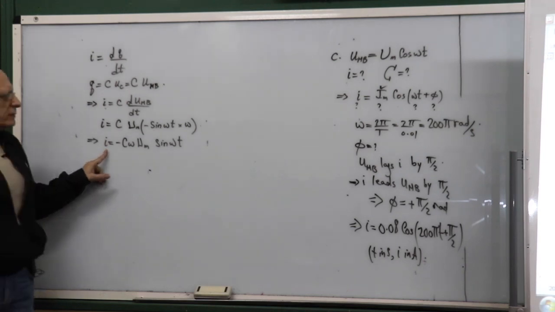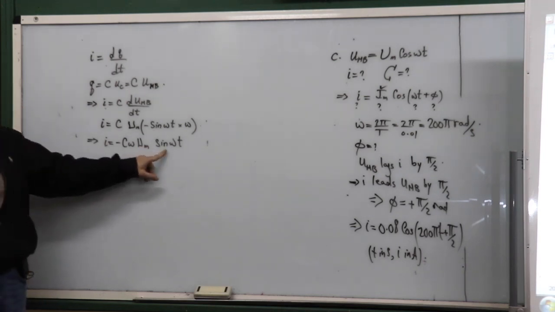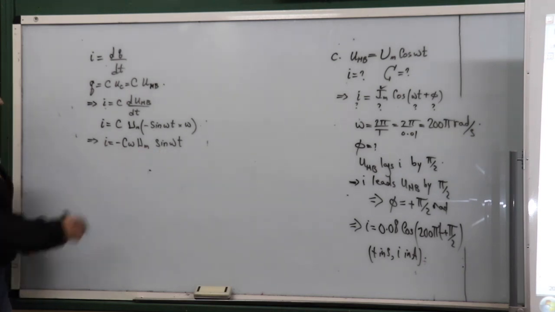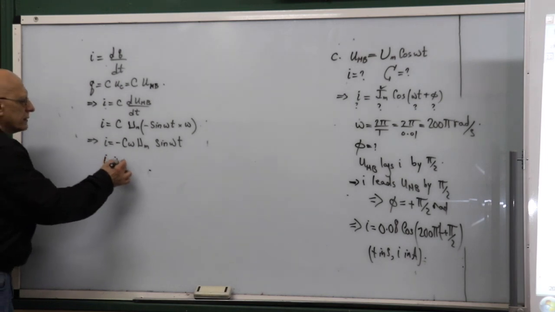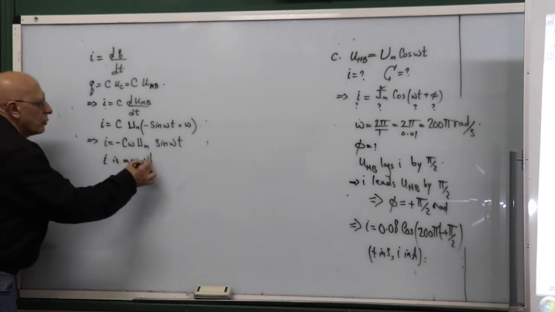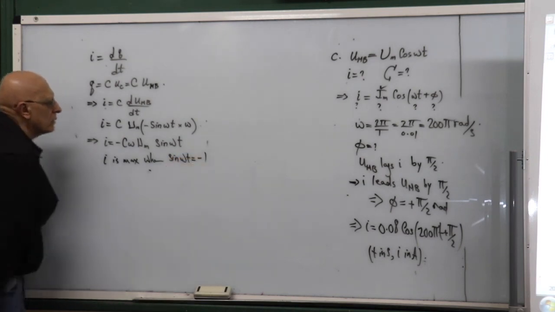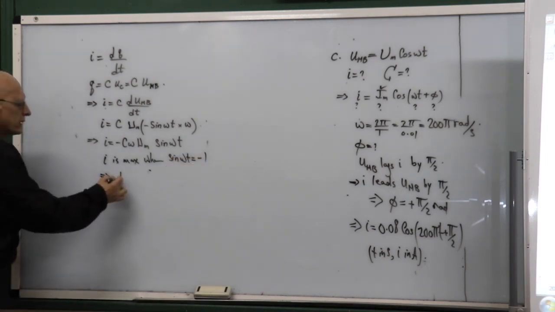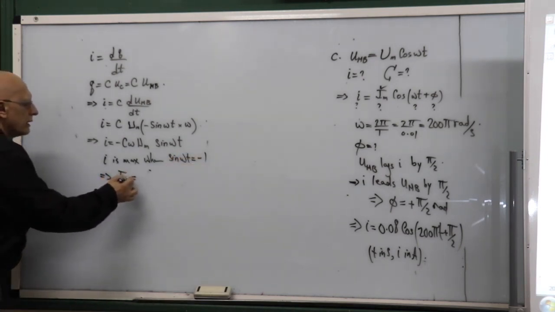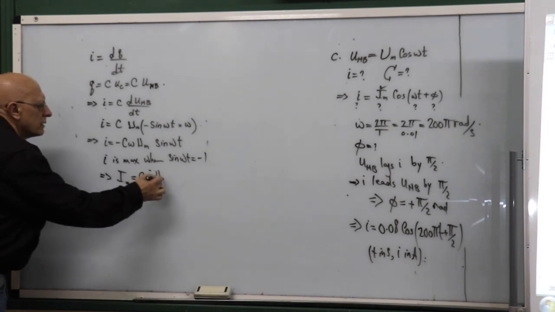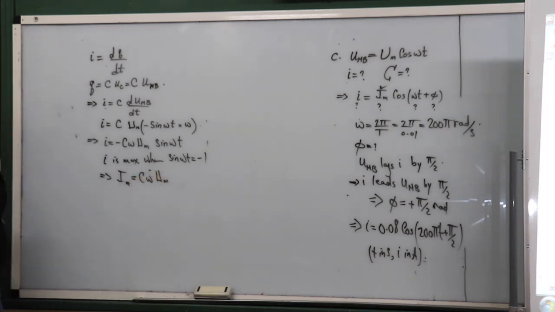If you look here, what is the maximum value of Im? I is maximum when the sine is minus 1. Okay? I is maximum when sine omega t is minimum, equal to minus 1. This implies I maximum equals C omega Um.